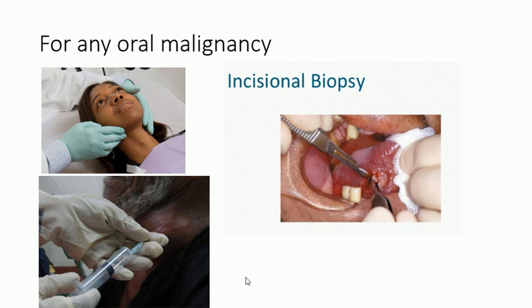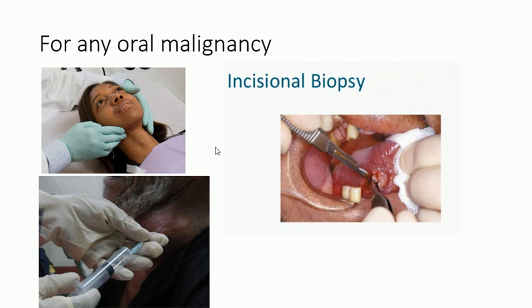So, we're talking about the management. For management of any disease, we talk about the investigations as well as the treatments. For any oral malignancies, there are certain things that have to be done properly because they are very important for the ultimate management of the patient. The first thing is a proper head and neck examination.